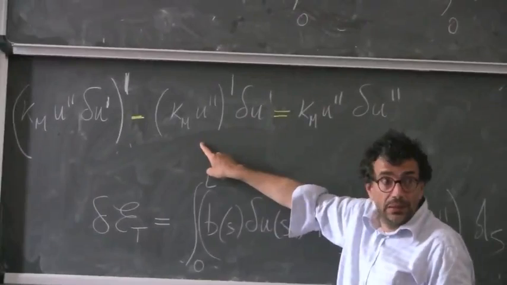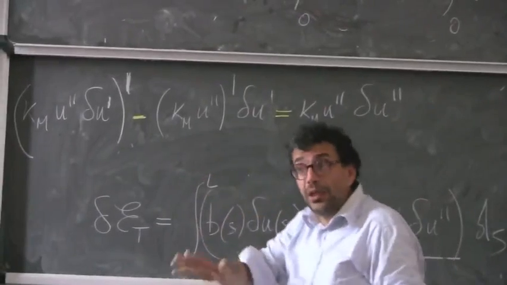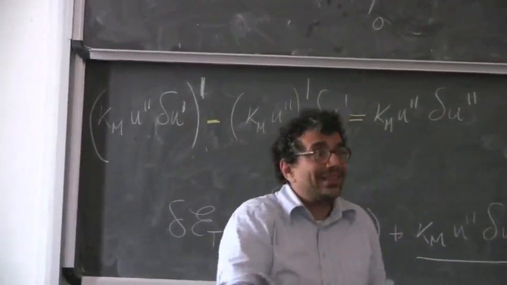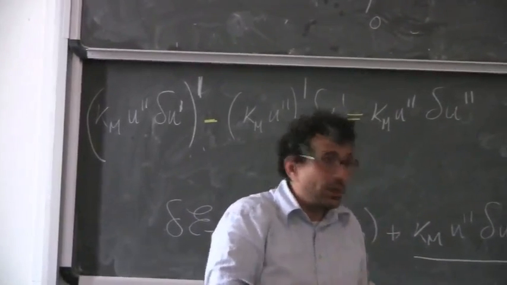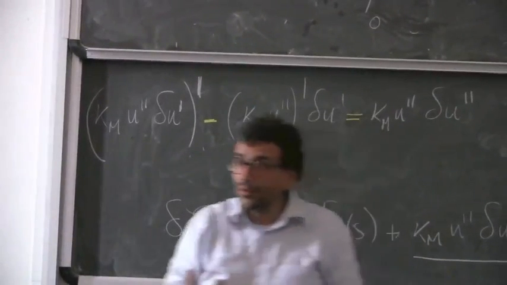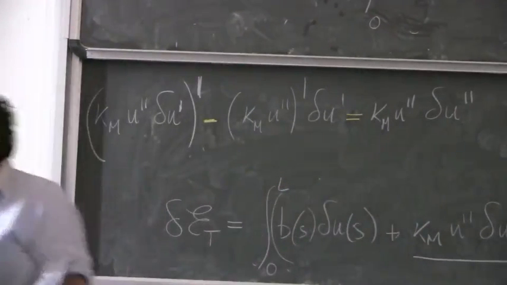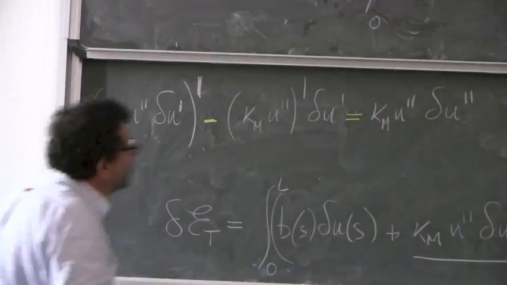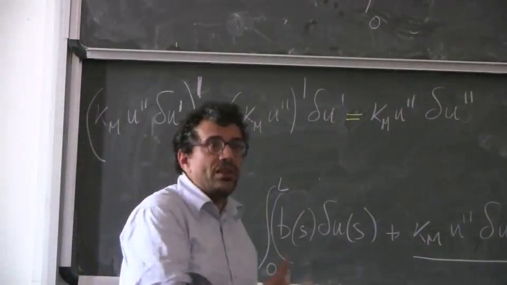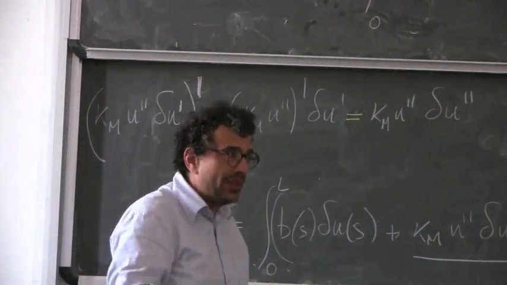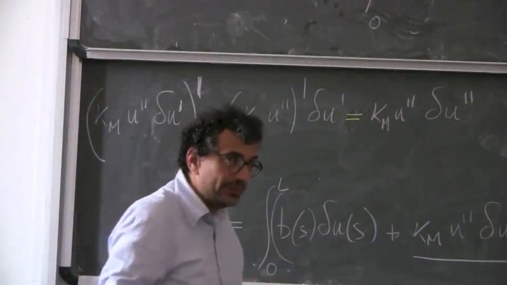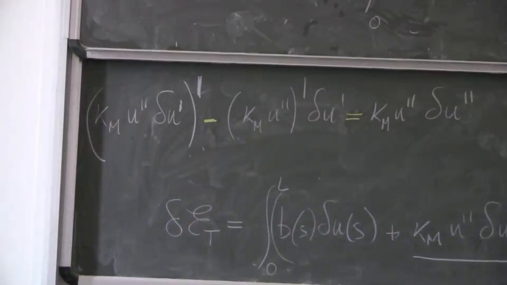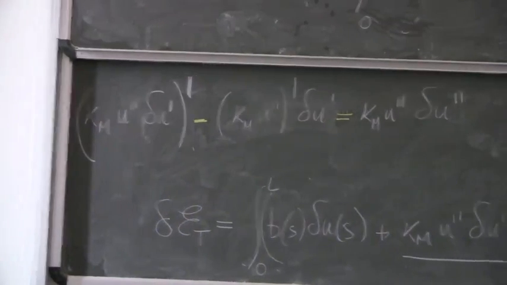Now I want to tell you, nowadays these are trivial properties of functions. But when Lagrange was doing this, there were very few books in which these properties of derivatives were shown. It was really at the border, at the boundary of knowledge.